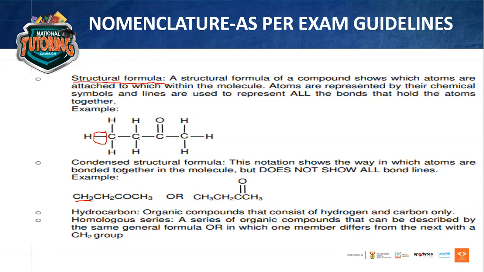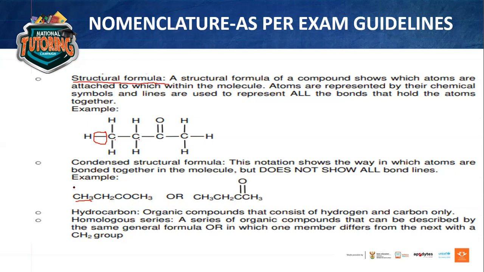But remember, a condensed structural formula is really more important if we ask you to write down that condensed structural formula for a given molecule, for example, for butane. Or if we ask you to give an IUPAC name of a condensed structural formula.